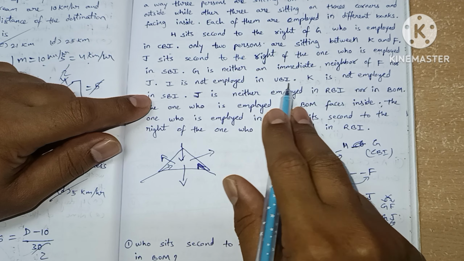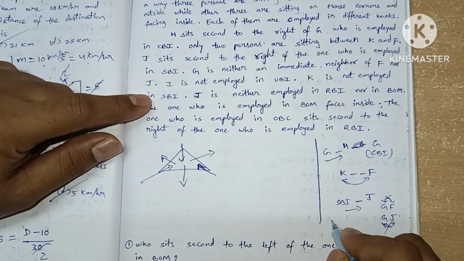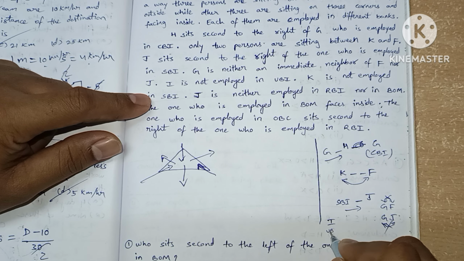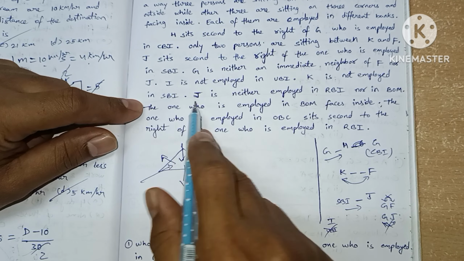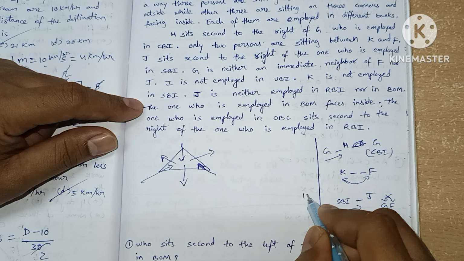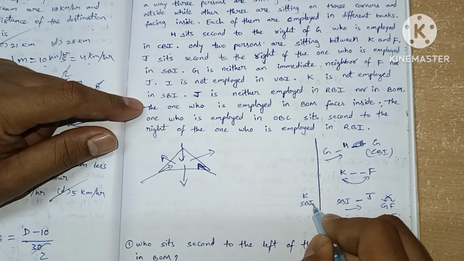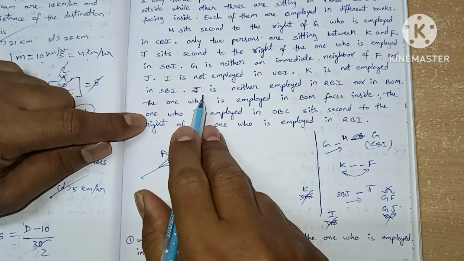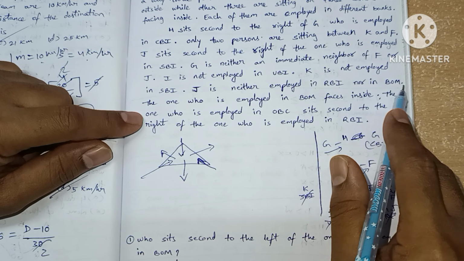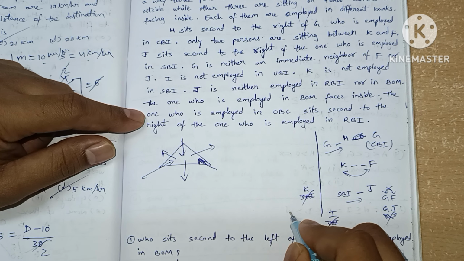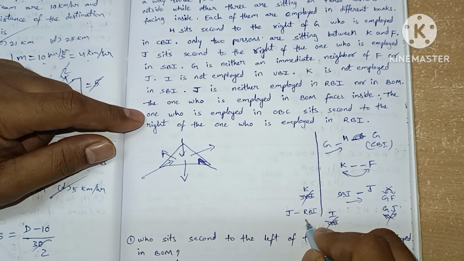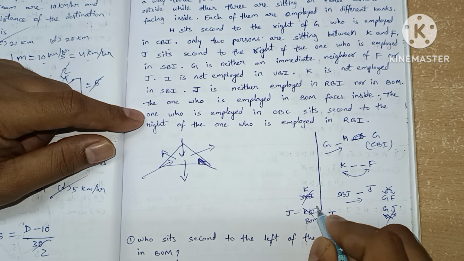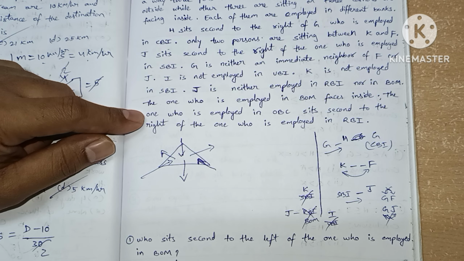I is not employed in UBI. K is not employed in SBI. J is employed neither in RBI nor in BOM, Bank of Maharashtra.